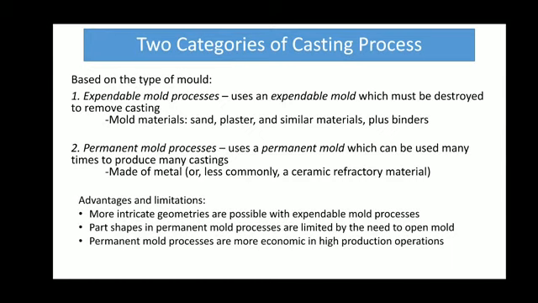So in the expendable mold process you can give intricate details, and after that you just break the mold. But in the permanent process, as we are reusing it, we have to give provision for opening it, closing it, etc. So part intricacy or complexity is somewhat limited.